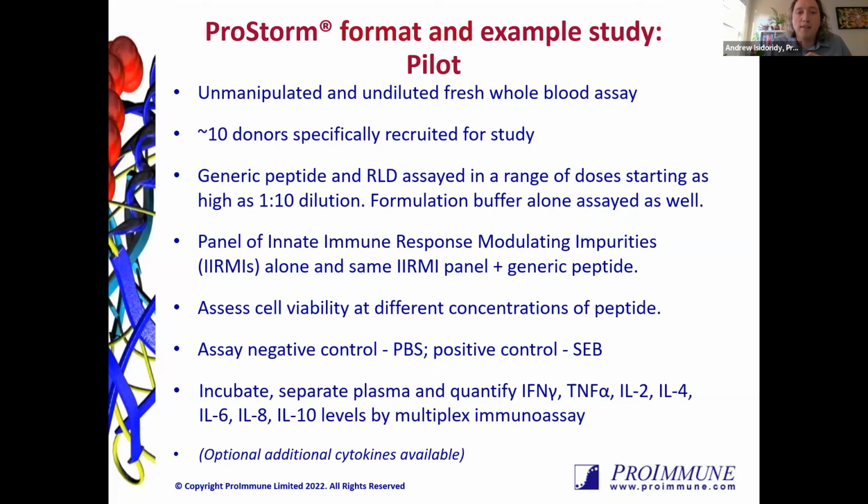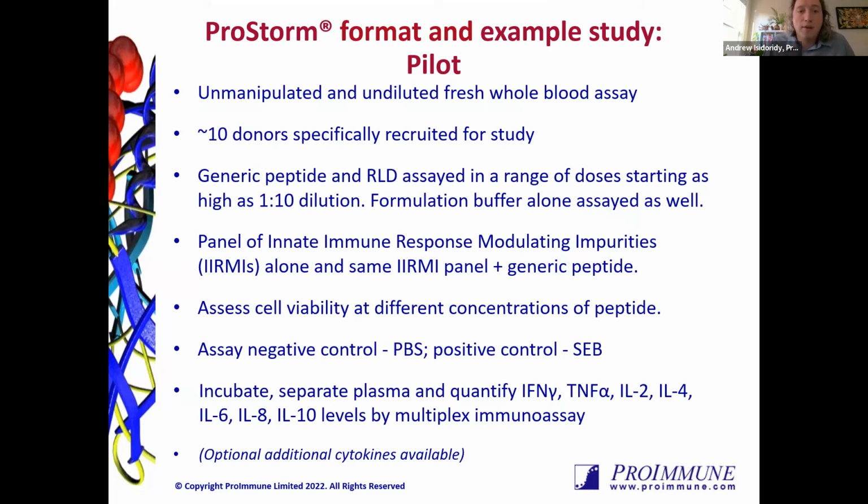It also has a component comparing the ERMI panel alone, as well as the ERMI panel incubated alongside a high concentration of your generic peptide. The point of that is to identify any potential suppressive effects or any other effects that your generic peptide might have on the ERMI readout.